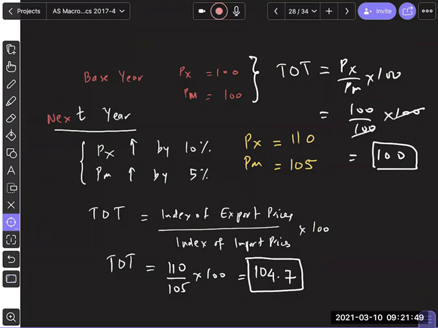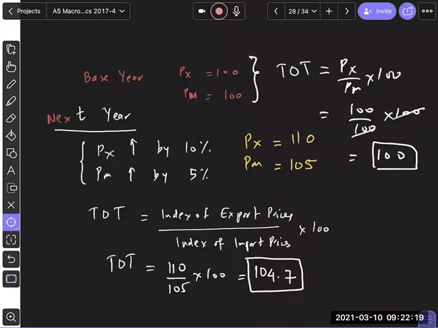This means exports are becoming relatively more expensive than import. Isn't that true? And also this means that for any given imports, as a country, we will give up less exports. Why? Because our exports are fetching us more price than what we pay for our imports.